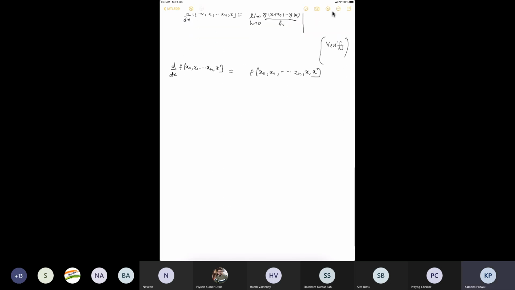And one more thing, let's quickly recall what is Newton's form of the interpolating polynomial, because we will be using it in further discussion. So this is, can you tell me?